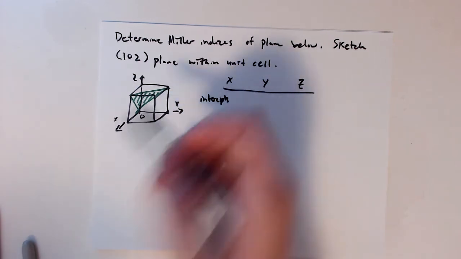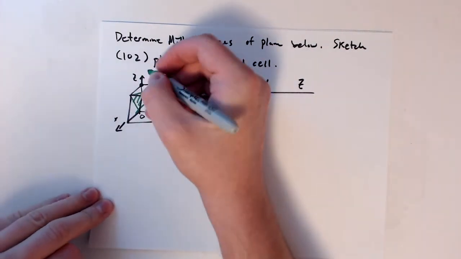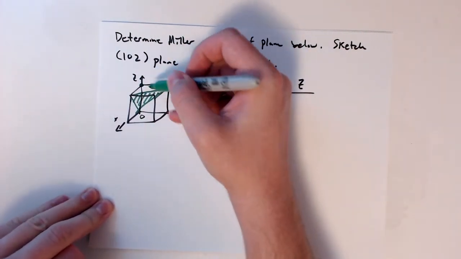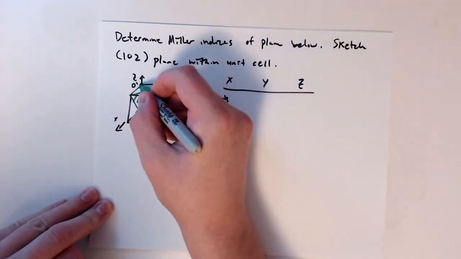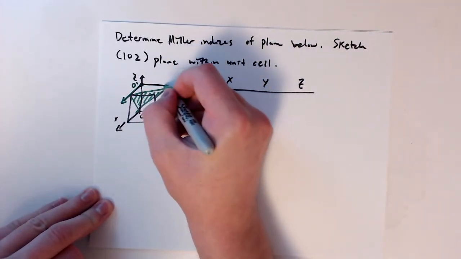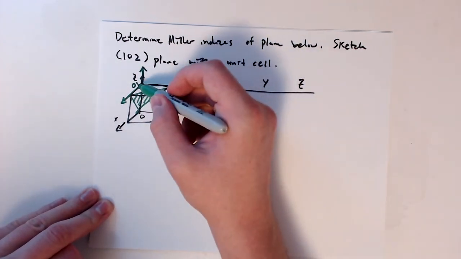So instead, and let me switch to a different color here, let's say that I pick this point up here as my origin, and again, I'm going to call that O prime. And in this case, I'm going to redraw a new set of coordinate systems based off of that origin.